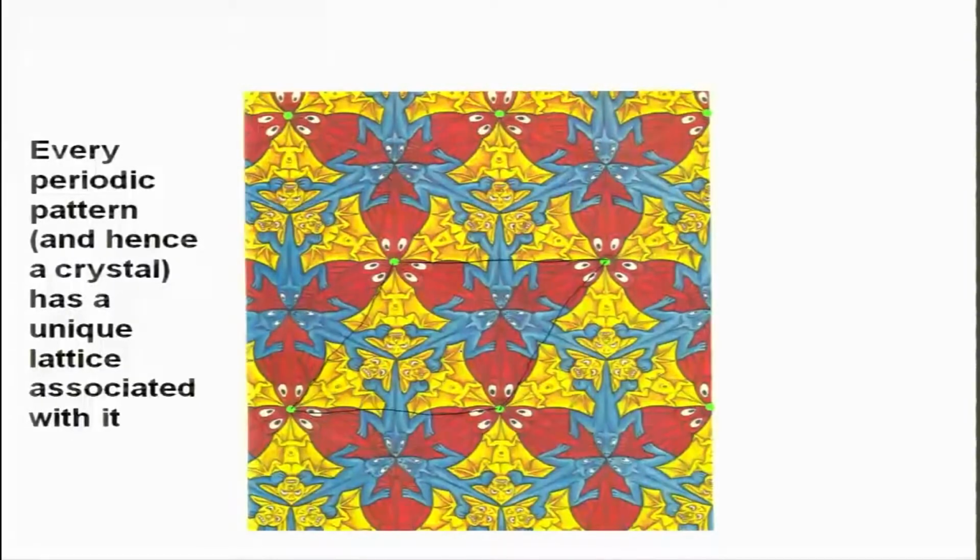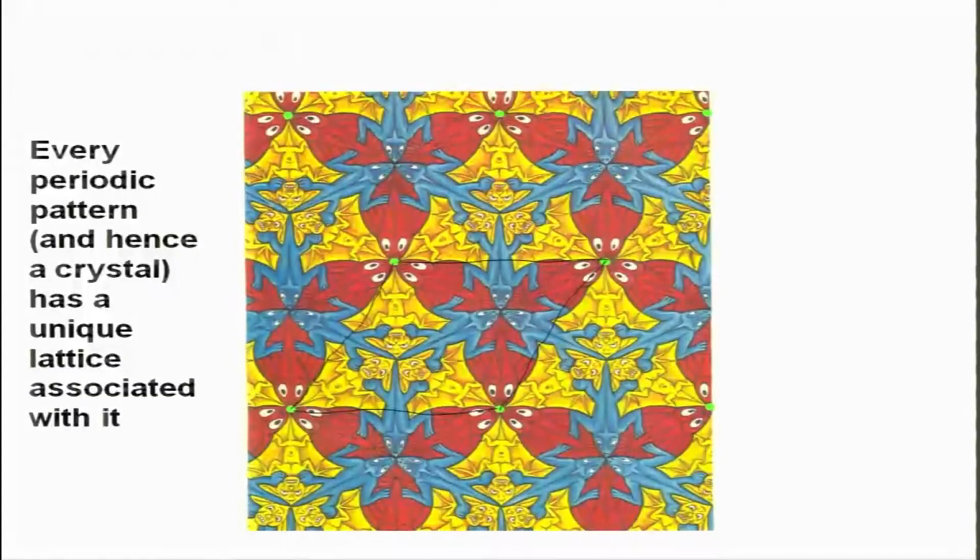You can consider each lizard is one atom, each bat is one atom, and each fish is one atom, so it could be just A, B, C, 3 atoms. So each lattice now has 3 atoms, A, B and C, and 3 of them, not just one of them. Why 3 of them? Because all 3 of them are differently oriented with respect to each other. So as a result each has 3 of each species in the primitive lattice. So you can move this lattice wherever you want, and still it remains a periodic lattice.